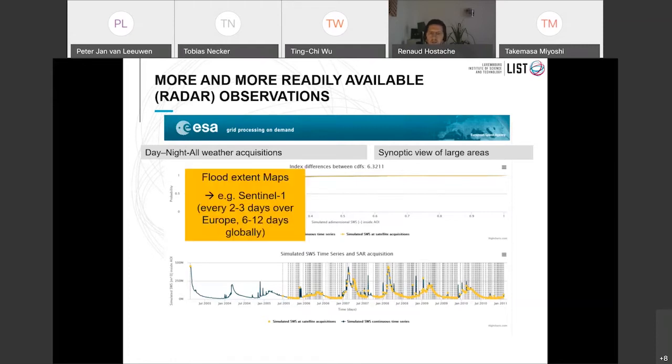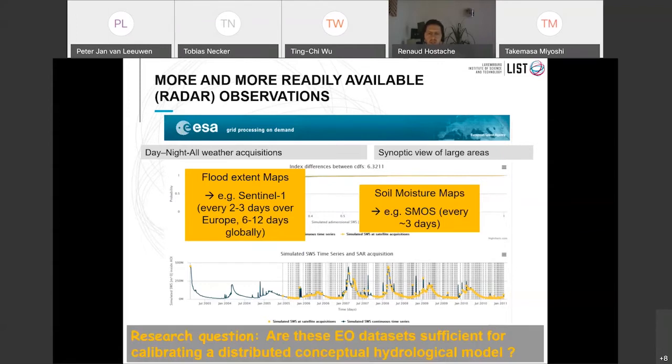In this study, we assimilate two kinds of information, as I already mentioned. The first one is flood extent maps derived from Sentinel-1 data, so a SAR satellite. The revisit time of the satellite is more or less 2-3 days over Europe and 6 to 12 days globally, so rather high. We also aim to use soil moisture maps, for example from SMOS data, one image every 3 days globally.